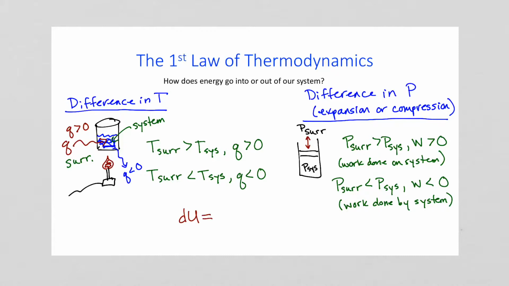We can say that that is represented by small changes in Q plus small changes in work. When we add up all of the changes in heat and all of the changes in work from the perspective of our system, we get the overall change in the internal energy of the system. This is known as our first law of thermodynamics.